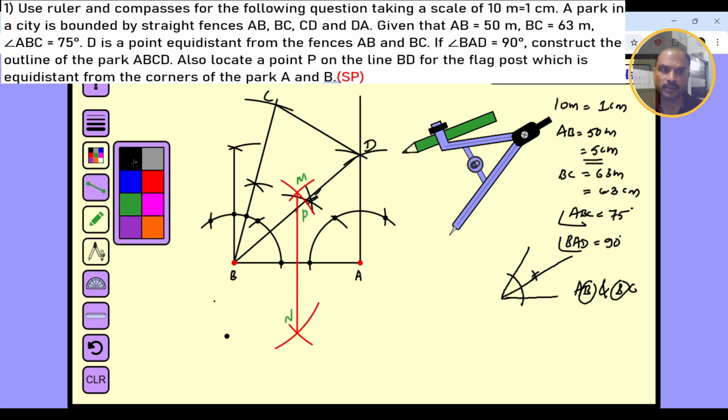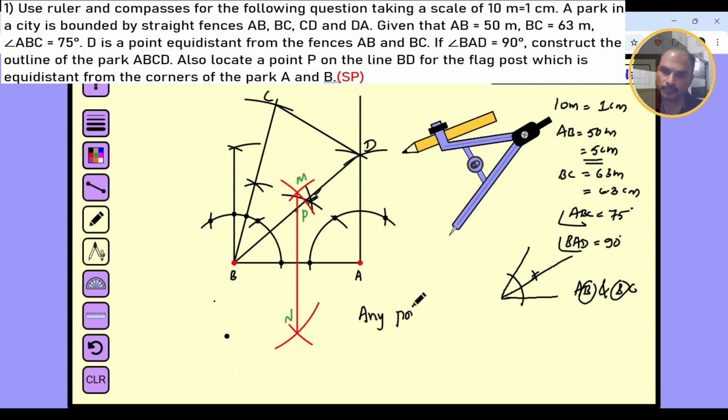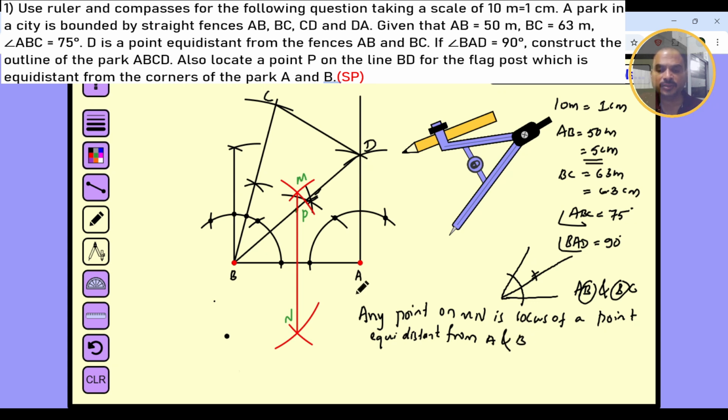What are you going to write? Any point on MN is the locus of a point equidistant from A and B. Clear?